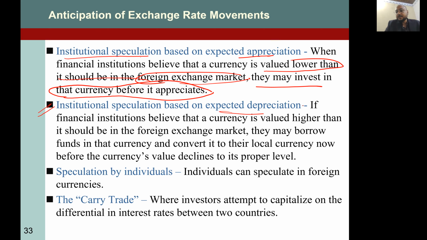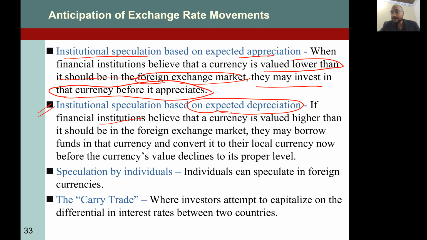What about depreciation? When institutional speculators believe that a currency is going to depreciate, which means right now it is valued higher than it should be, which means it is overvalued right now, what are they going to do? If they have that currency, they will sell it.